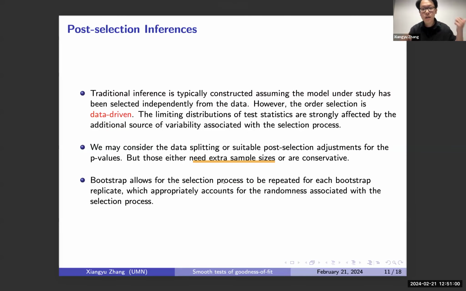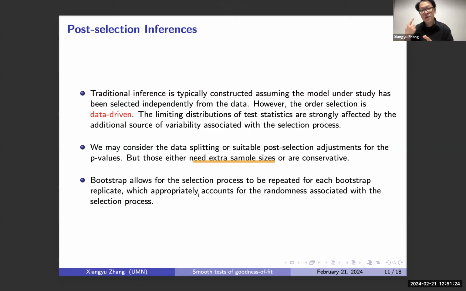The bootstrap, on the other hand, allows for the selection process to be repeated within your bootstrap replicate, right? So within your bootstrap replicate, you still have your test statistic times the indicator function, and this will mimic the distribution function of your test statistic. So this is a viable way.